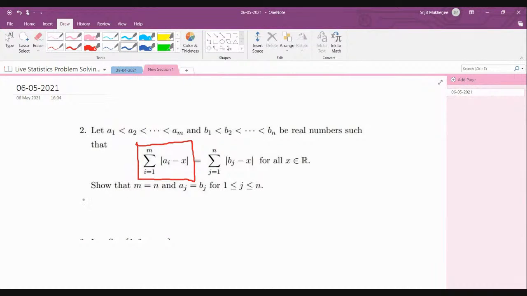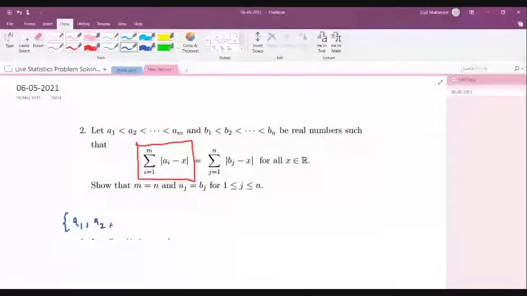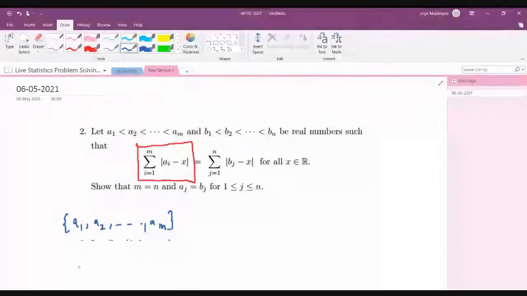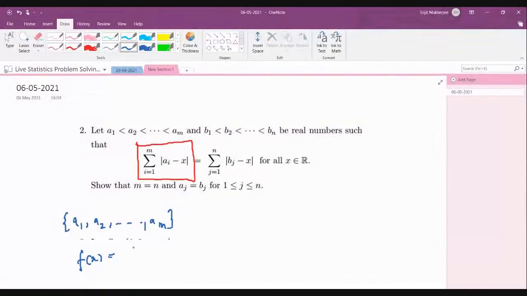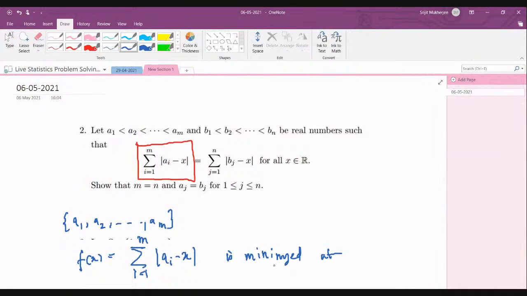All of you know this result, or I will prove it now. If a1, a2, up to am is a set, then the value f of x equal to the summation from i equal to 1 to m of modulus of ai minus x is minimized at what value?